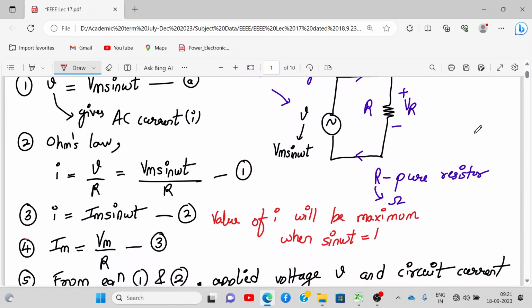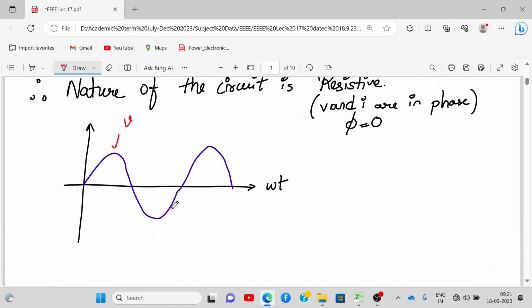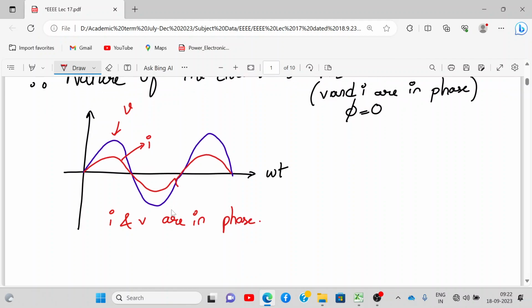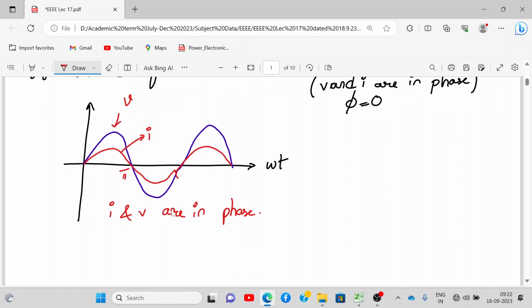Because it is Vm by R, so whatever Vm is, it is divided by R. Are you getting it? So it will be slightly lesser in magnitude but in phase with each other. So this is my i equation. So we can say i and v are in phase. This is pi, 2 pi, 3 pi.